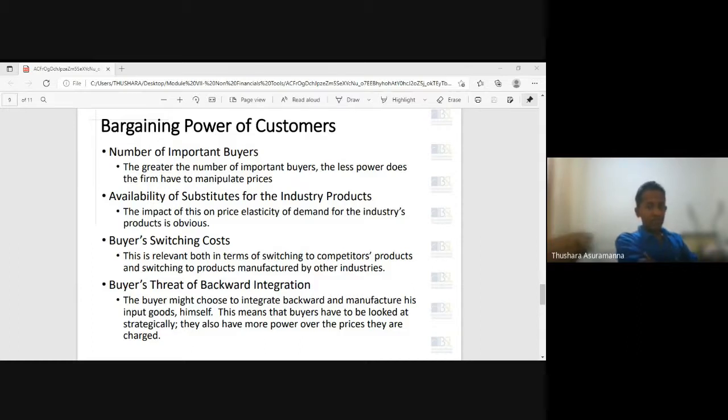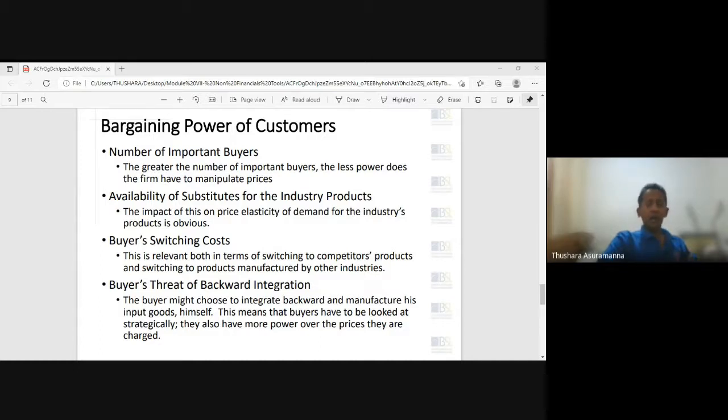The last one is the threat of backward integration. What is that? Similar to the suppliers coming in and doing the forward, here the distribution company will try to do the manufacturing. What they are doing is they get something and distribute it to clients. Instead, they think, why should I always purchase the finished goods?